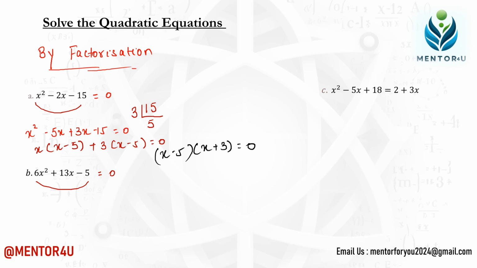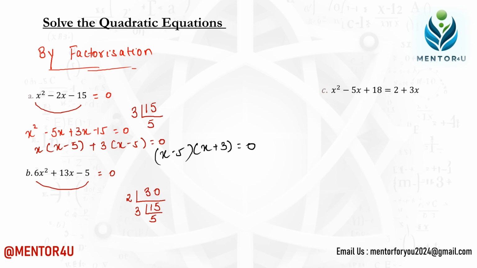Let's take it as 30 and try to find the prime factors here, which are 2, 15, and 3 and 5. Out of those factors, we should make such possible pairs that when we multiply them, it should be equal to minus 30, and when we add them, it should be equal to 13.